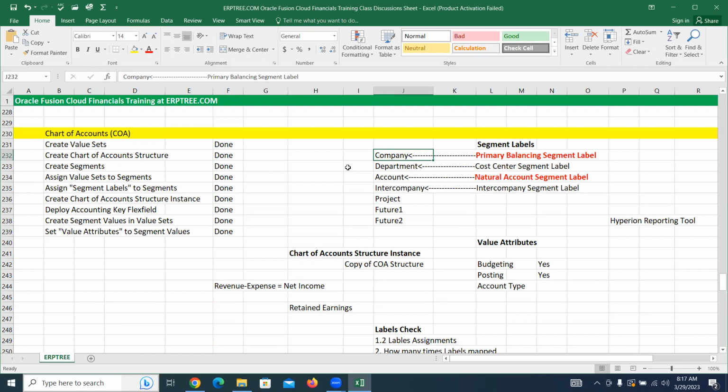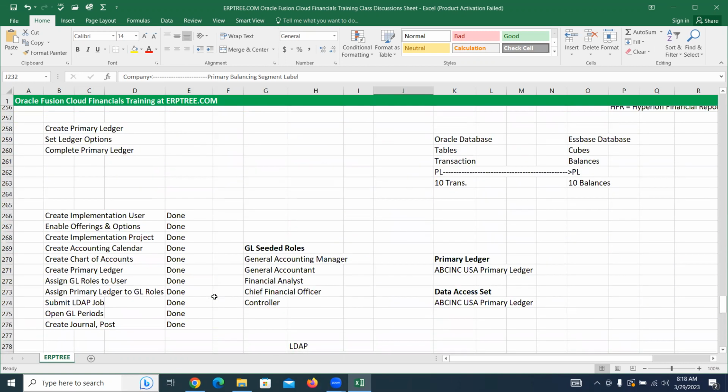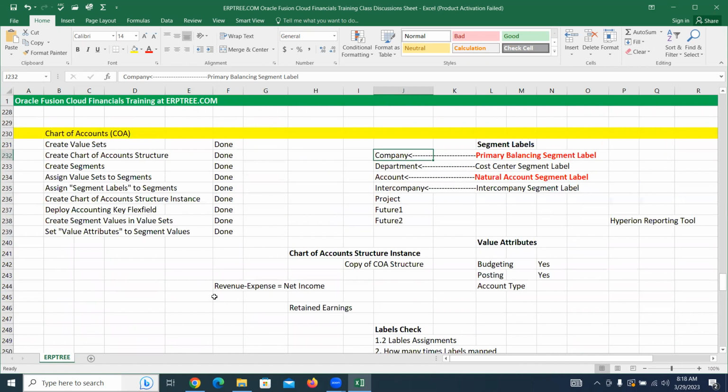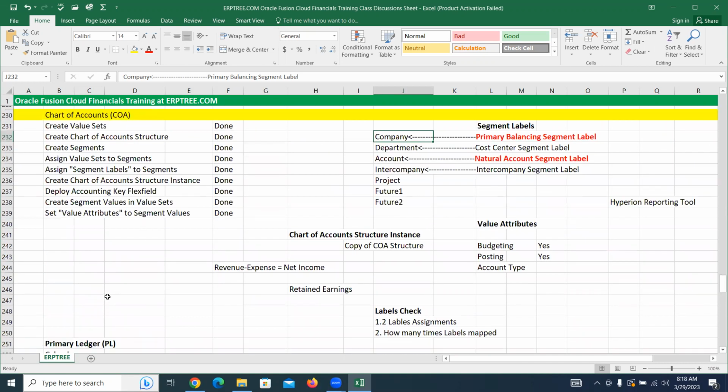They go with a different naming convention. And here, one important rule: I think we'd better talk about chart of accounts best practices, then we'll proceed with that. So there we can get some clues. Let me talk about the best practices for the chart of accounts.